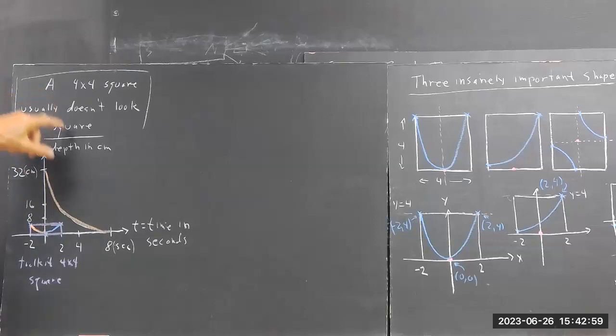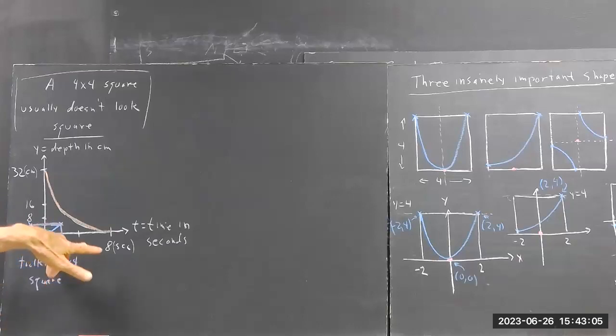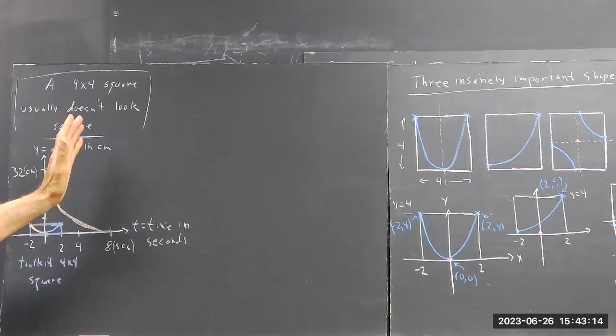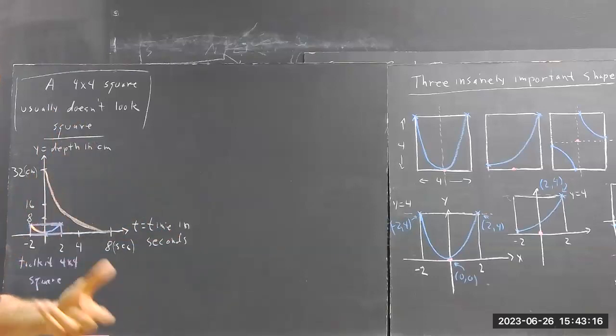went a little bit beyond the main point here that a 4x4 square doesn't usually look square. Because usually you're not going to have equal units on the t-axis and the y-axis. The horizontal and vertical axes don't measure the same thing.